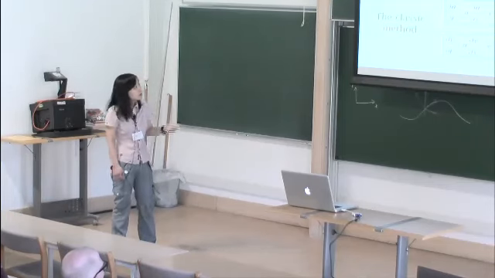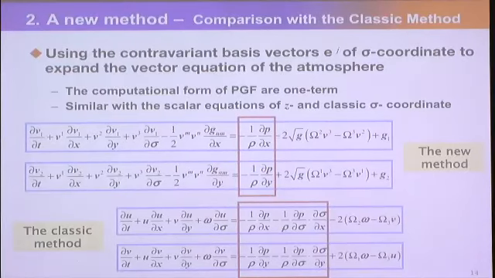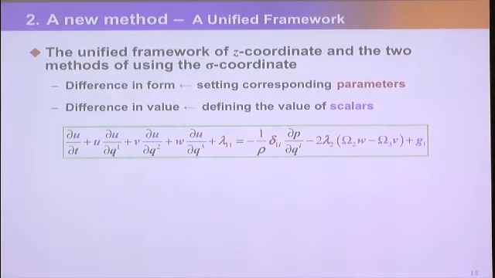And note that, see these equations, the forms are similar with the classic one and as well as the coordinate. So we use this similarity. We can propose a unified framework to conclude the equations in the three coordinates together.